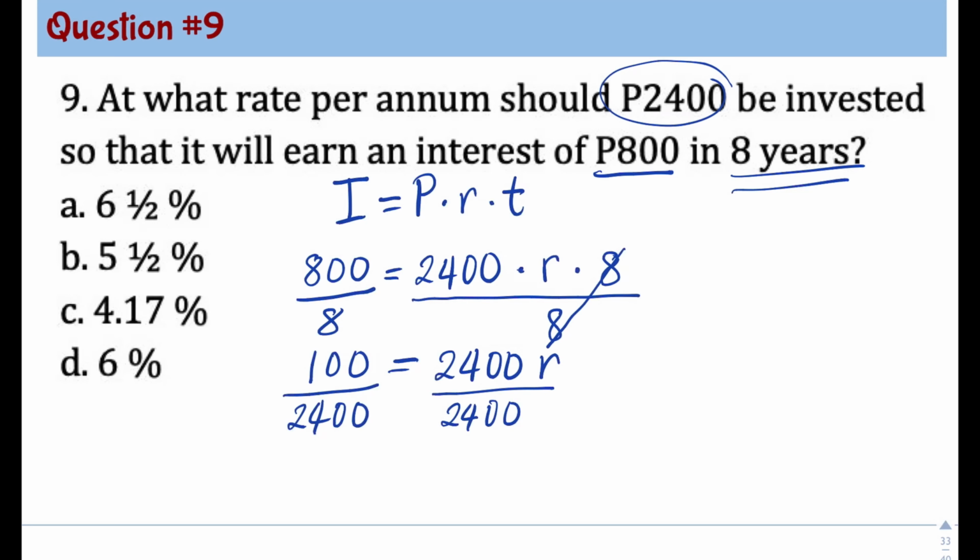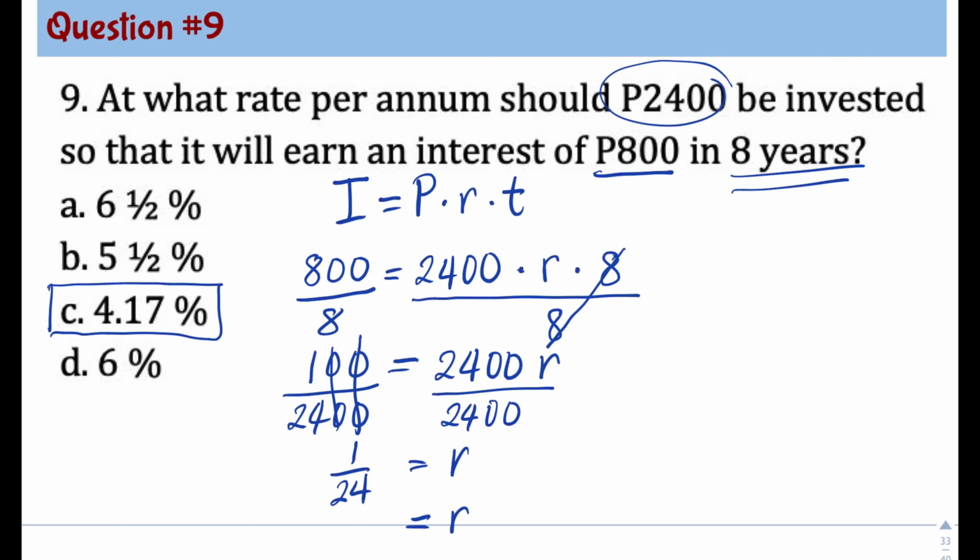And this means that we can cancel out the zeros. So that is 1 over 24. Can you estimate the percentage or the decimal equivalent of 1 over 24? If it's 1 over 25, that will be 4% because 25 can go to 100 4 times. So that means our answer here should be really close to 4%. And the option that goes with 4% is letter C.